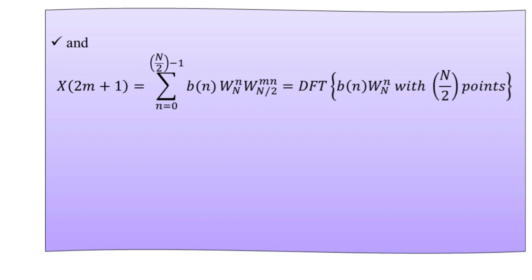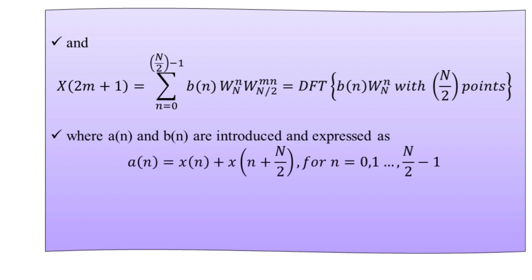So in both of these representations, for capital X of twice m plus 1 and capital X of twice m, in the previous case we have small a of n and small b of n introduced and expressed by the following mathematical expressions.